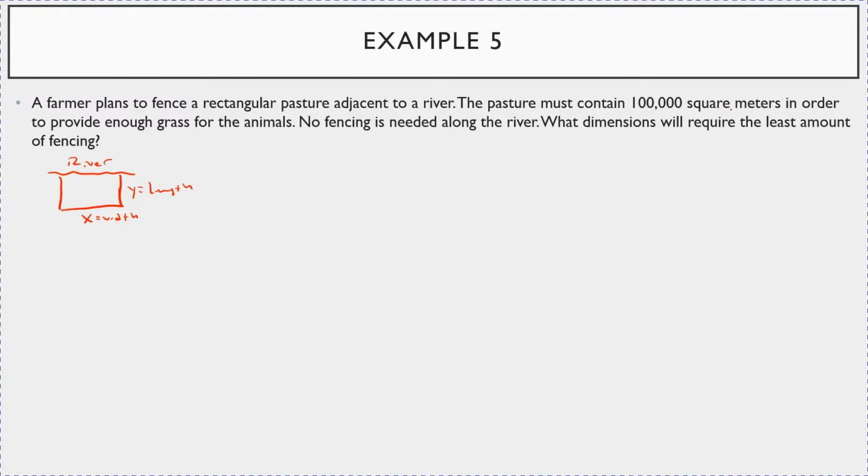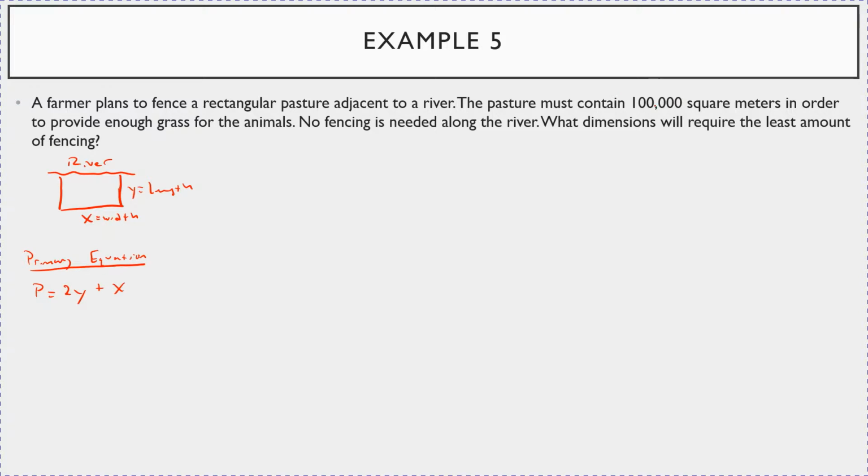They want to use the least amount of fencing. That's the perimeter. That involves the least amount of fencing. So the perimeter in this case is equal to 2y plus x, because there's no other x along the river. So that's the primary equation.